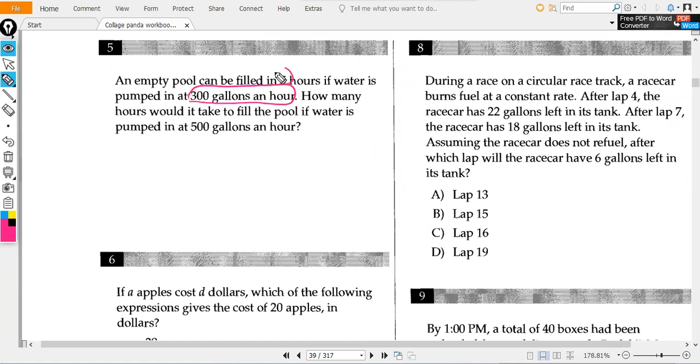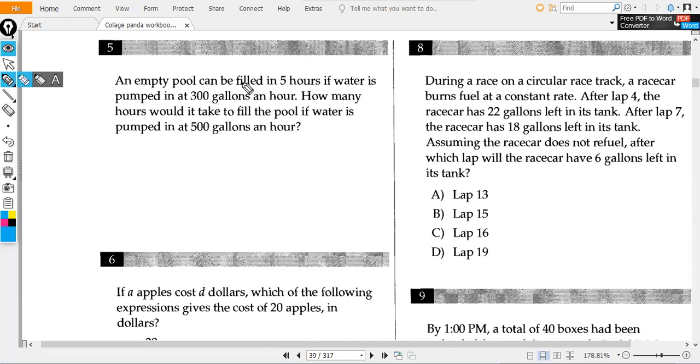Now, how many hours would it take to fill the pool if water is pumped in at 500 gallons an hour? I'll ask you here, when the pressure increases, the number of hours will increase or decrease? Decrease, absolutely will decrease. When the pressure increases, we need fewer hours, right?